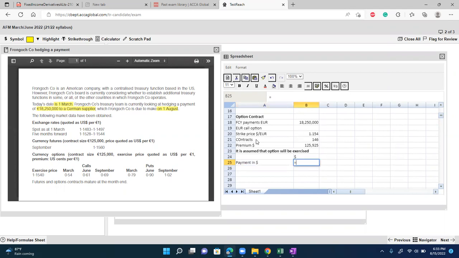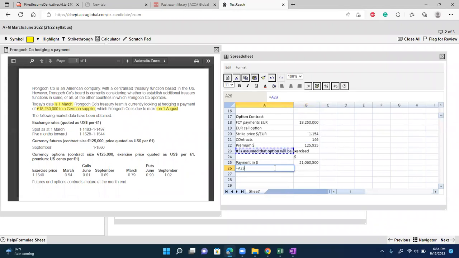How many contracts have we done? 146 contracts. One contract has a size of 125,000. If you multiply this, the answer will be in euros. So you need to multiply with the exercise rate, 1.1540. That's the payment you will make in dollars.